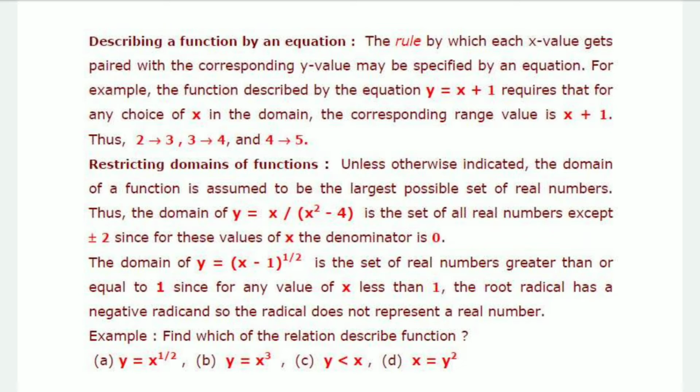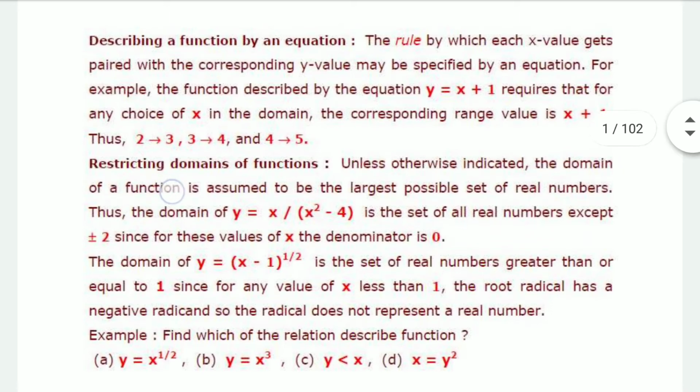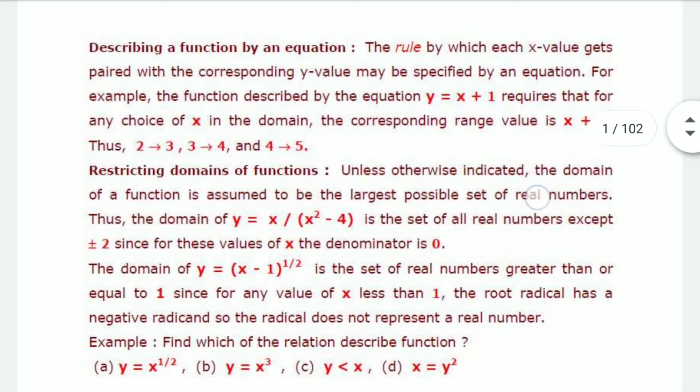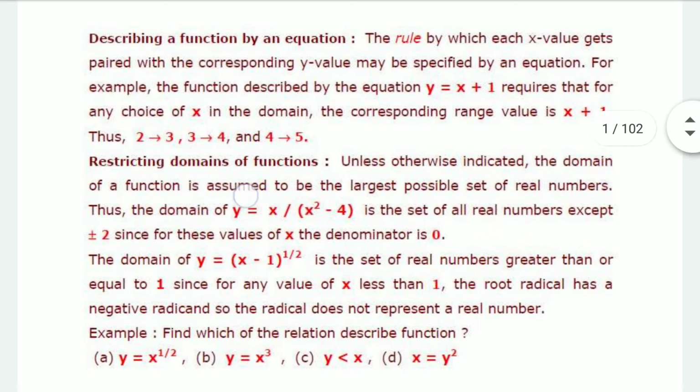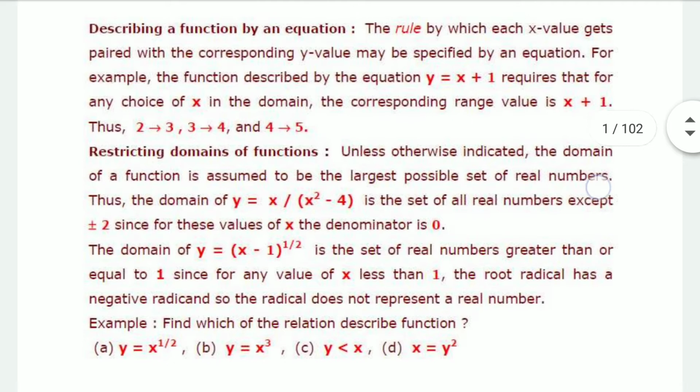Unless otherwise indicated, in general, the domain of a function is assumed to be the largest possible set of real numbers. Unless it is stated in any ordered pair or in any function or in any relation that turns out to be a function, we can say that the domain of a function is the largest possible set of real numbers.